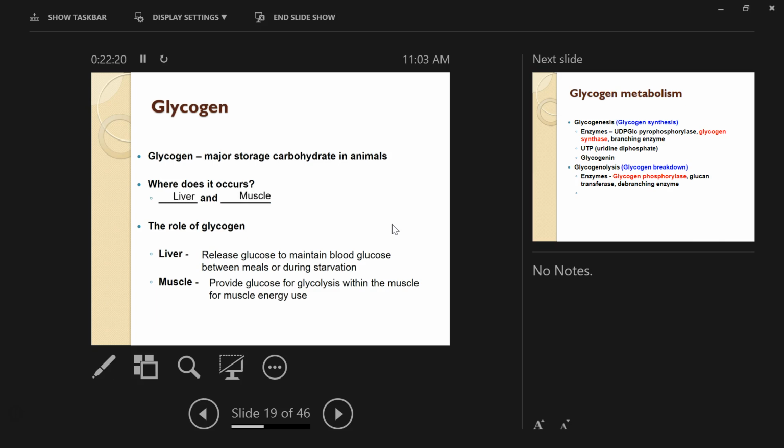Do you still remember why muscle can't release the glucose? Which enzyme is lacking? Yeah, glucose 6-phosphatase, right? Glucose 6-phosphatase is not expressed in the muscle, so muscle can't release glucose.